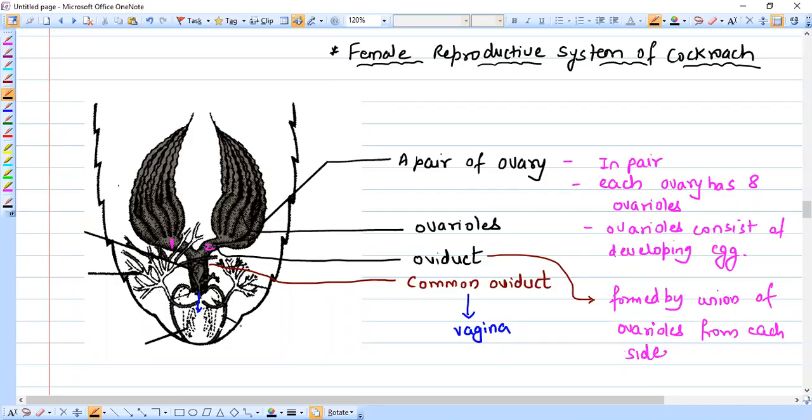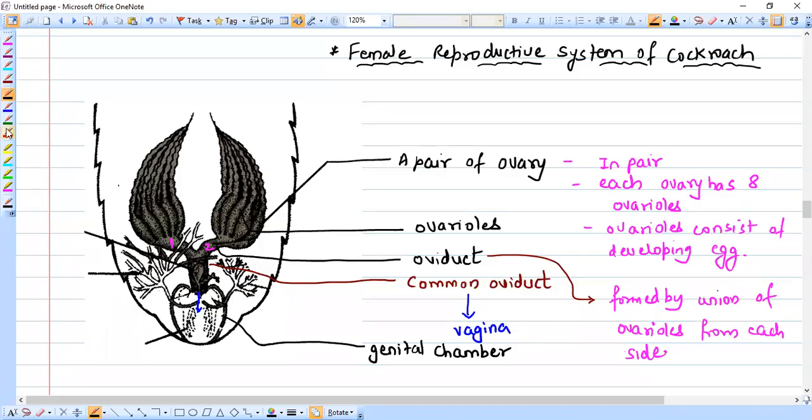This entire chamber that you can see is called the genital chamber. This genital chamber consists of a most important part, the collateral gland.